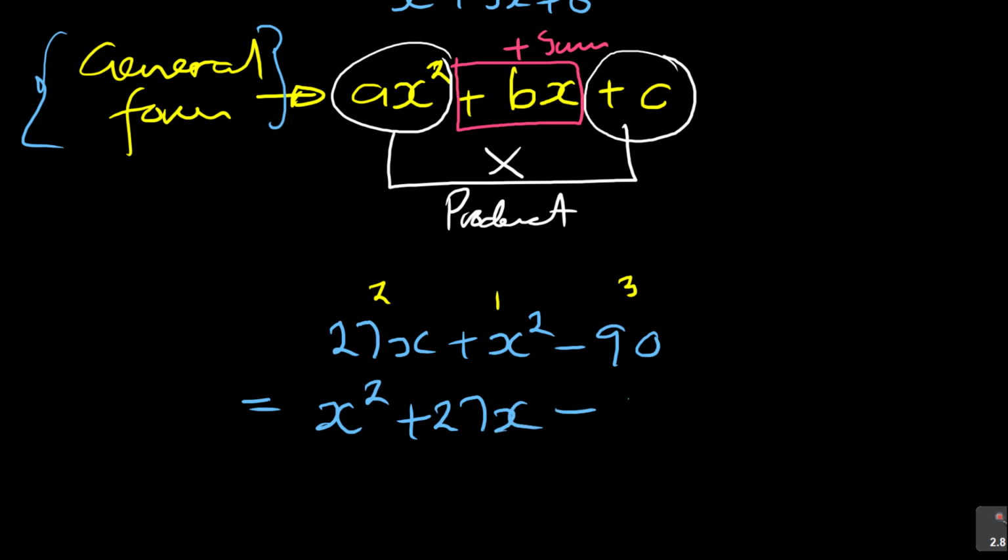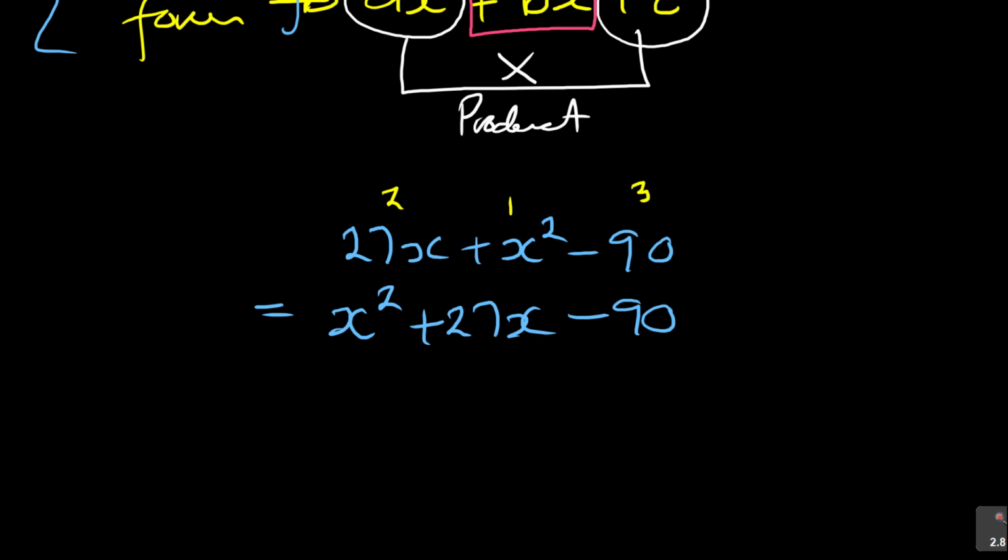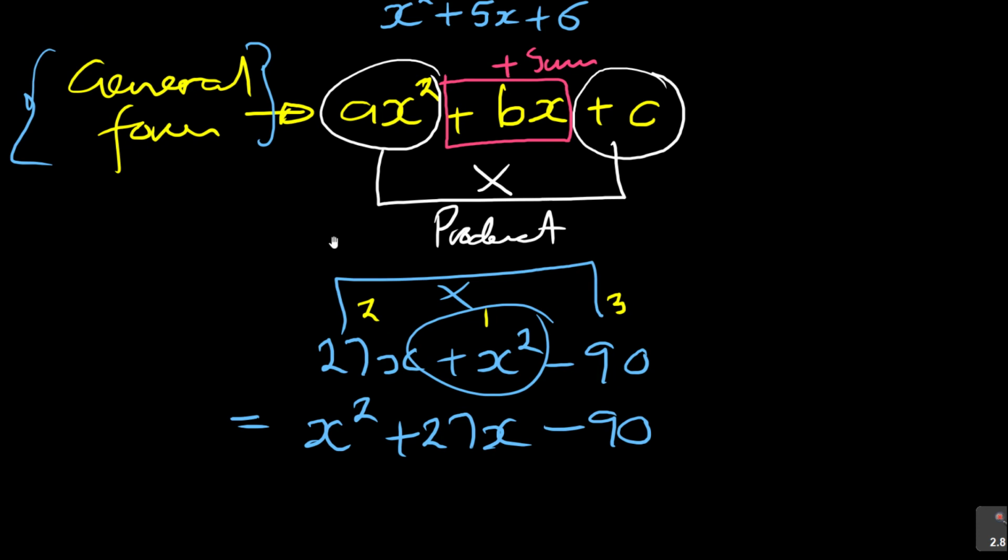Number 3 is minus 90. See now, don't start saying I want to multiply this and this. You'll get it wrong. Then you're like, it's my product, and then this is my sum. Look at your sum now. Something is wrong with your sum. The sum must only have x, not x squared, and the product must have x squared, not 27 times 90. It will have x. Okay, be careful there.